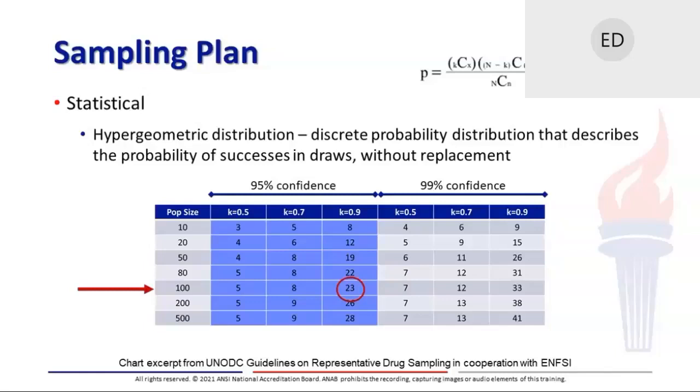I'm not going to go into how this statistic was derived, but if you have additional questions about using the sampling plan or additional sampling plans, there is additional information out there, especially for those doing seized drug analysis, from this guideline.